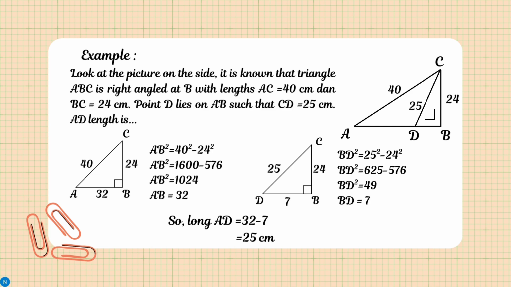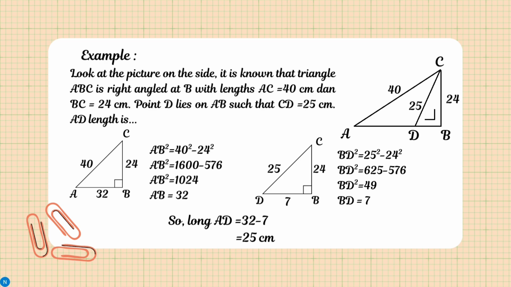Next, focus on right triangle BCD. The length of CD is 25, the length of BC is 24, the right angle is at B, then the opposite side is the hypotenuse. So the Pythagorean formula is BD squared equals 25 squared minus 24 squared.